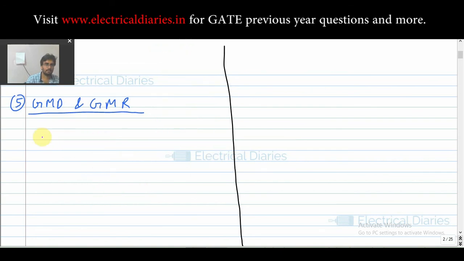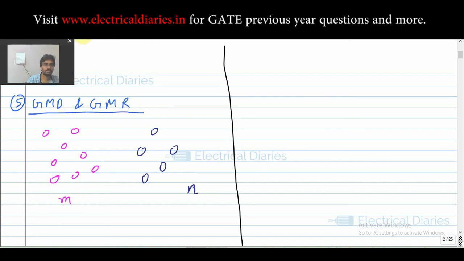Okay, so first let us see what this concept is. Let us say there are M conductors here, one set of conductors, and there is another set of conductors here, and let us say these are N. These are N conductors and these are M conductors.